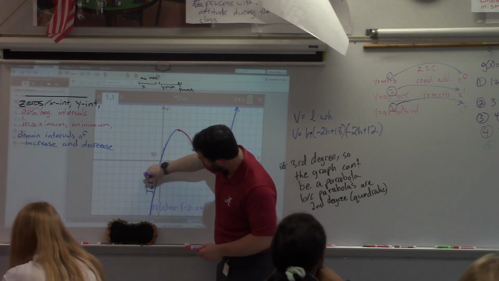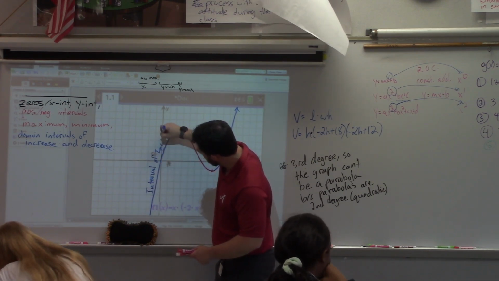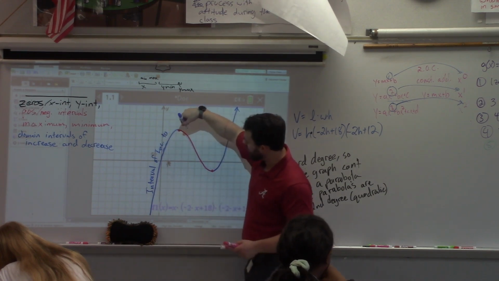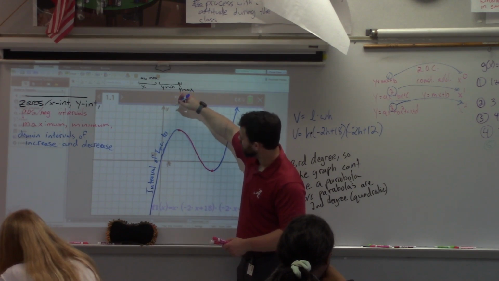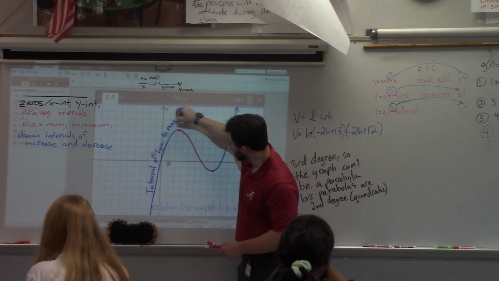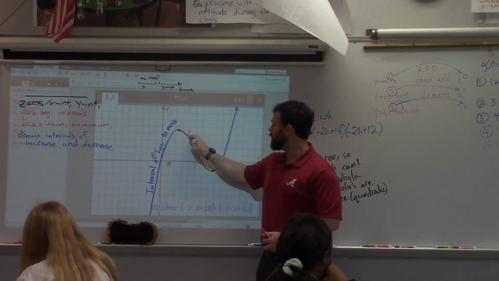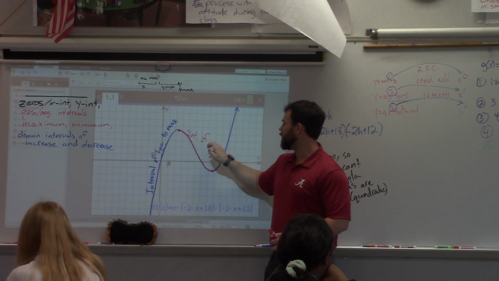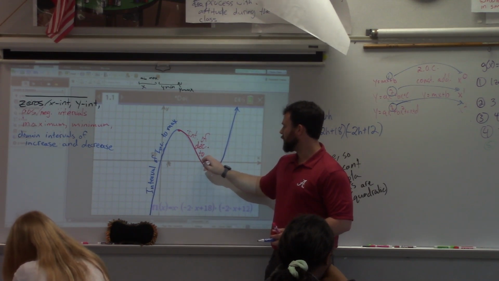So interval of increase to what point does it stop at? To the maximum? And then an interval of decrease to the what? To the minimum.